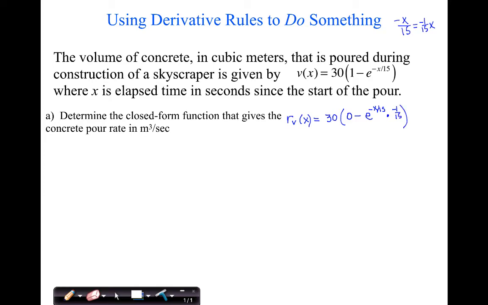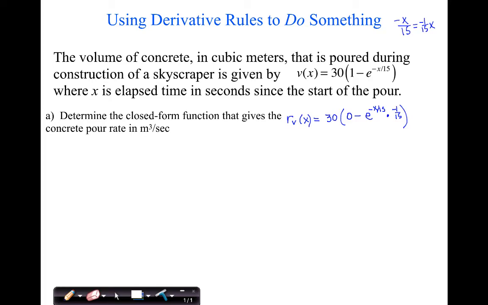So here's an unsimplified version of the rate of change of the volume, the rate at which the concrete's being poured. Now, for the purposes of the mastery test, no, you don't need to simplify. For the purposes of, I'm going to need to do something with this, you might want to clean it up a little bit, especially when it's not too hard. So 0 minus, obviously I don't have to write the 0. And then I've got a subtraction multiplied by a negative.